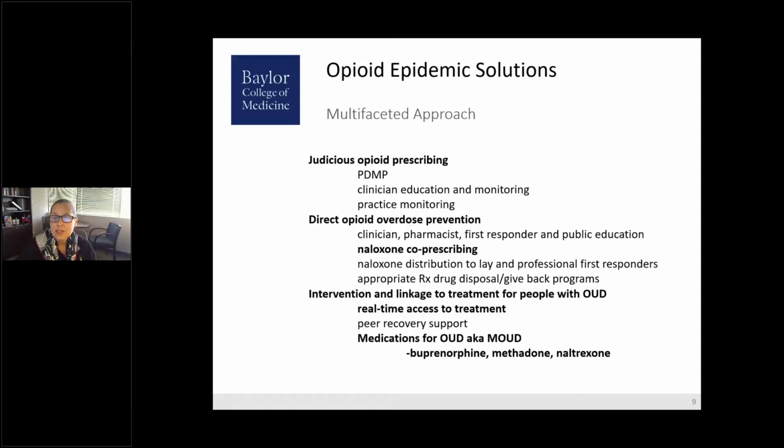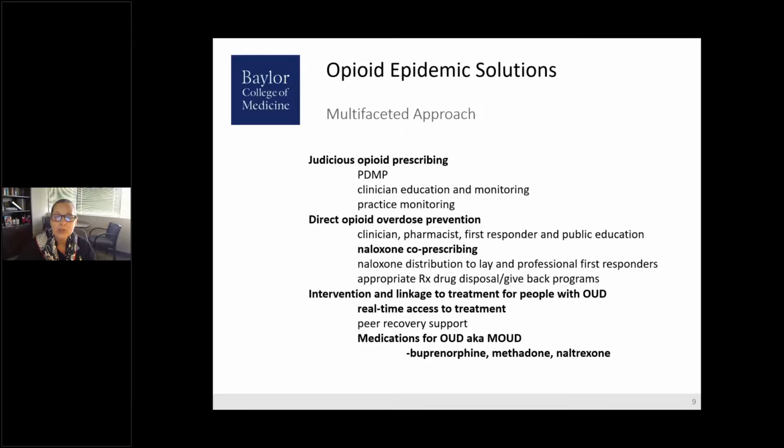To help facilitate in our communities naloxone distribution to lay and professional first responders, and support appropriate prescription drug disposal and give back programs. And then the focus of these trainings is really on intervention and linkage to treatment for people with opiate use disorders.